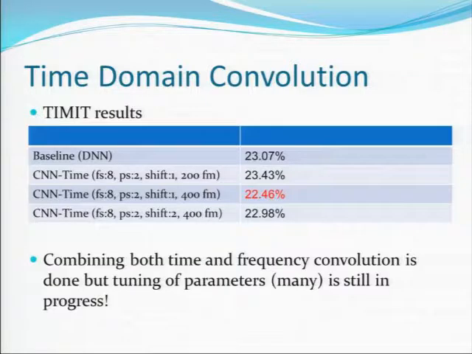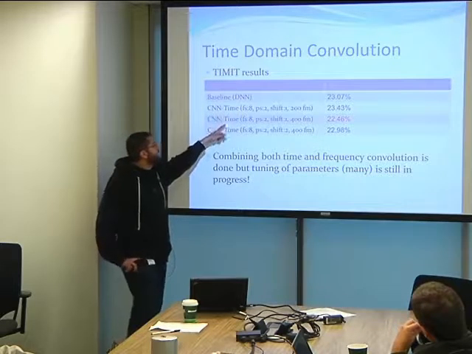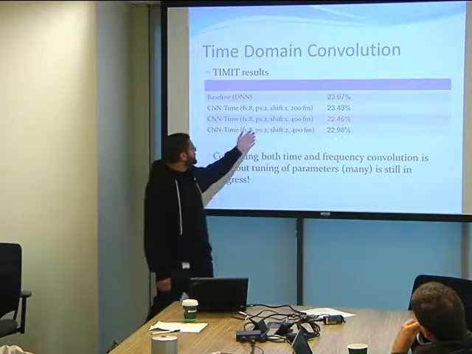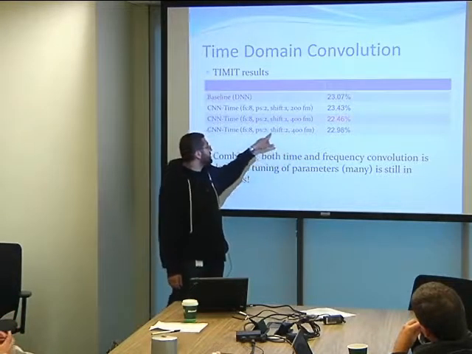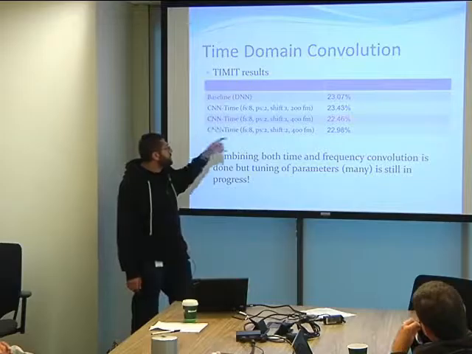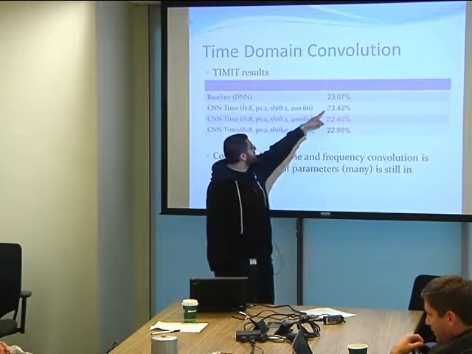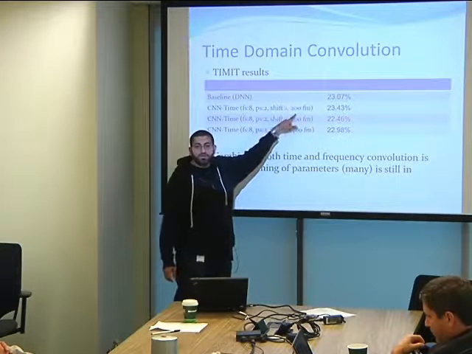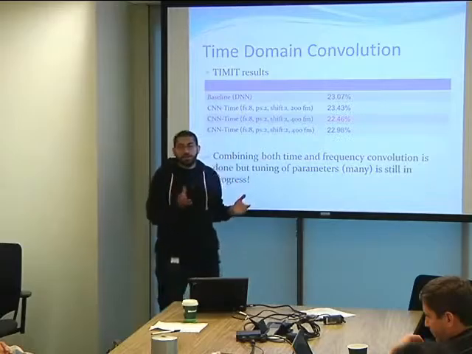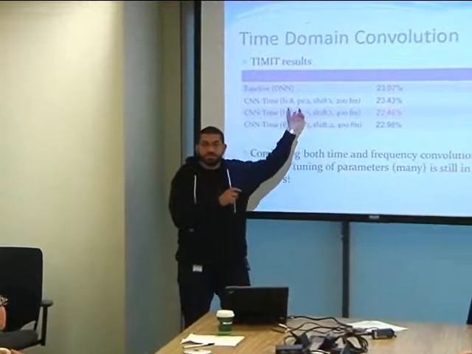So I tried to compare using time convolution alone against the standard deep neural network. For some parameters it helps, and for some others it didn't. Here I got a worse result, but I think it's because I used a smaller number of feature maps against the 1024 nodes of the fully connected deep neural network.